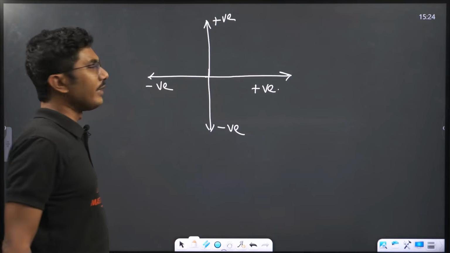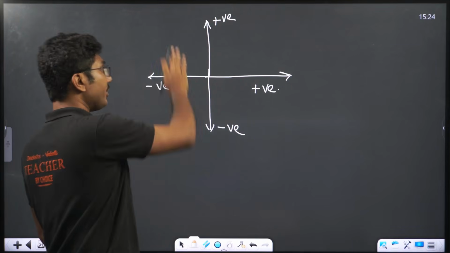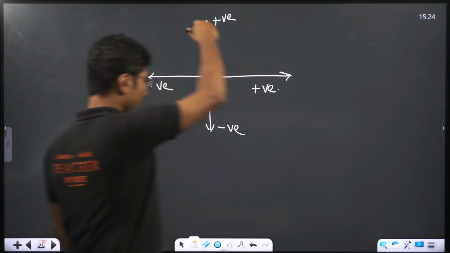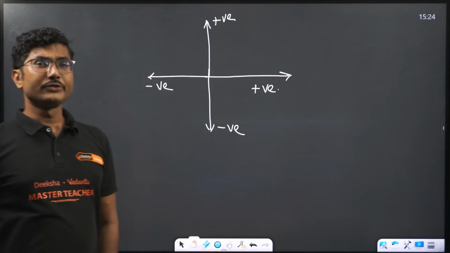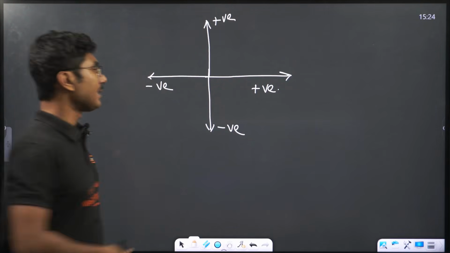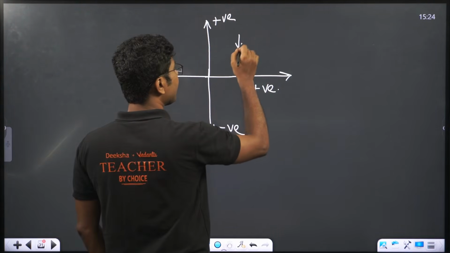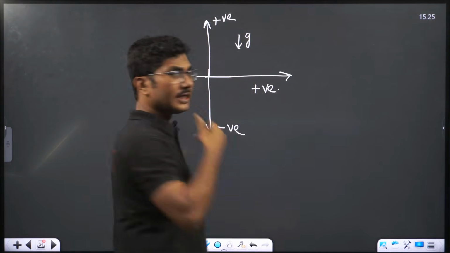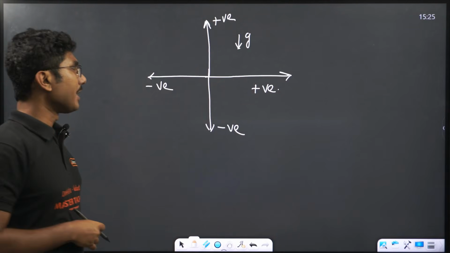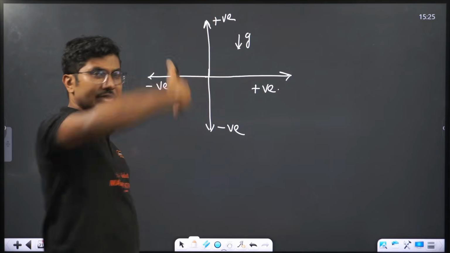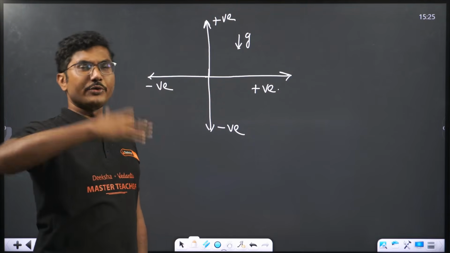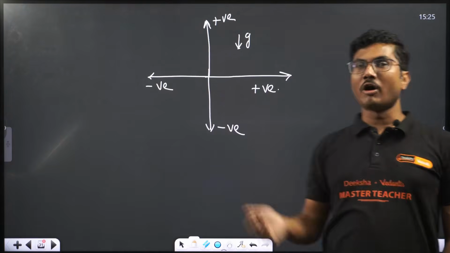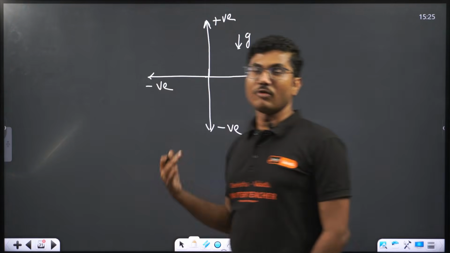Generally, whenever an object is moving, if it is going up, we consider it positive. If the object is going down, we consider it negative. For example, for an object moving upward, gravitational acceleration is considered negative. But if the object is going downward, the velocity and acceleration are both considered positive. So it depends on the direction of motion.